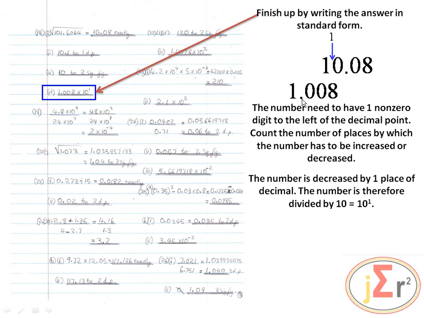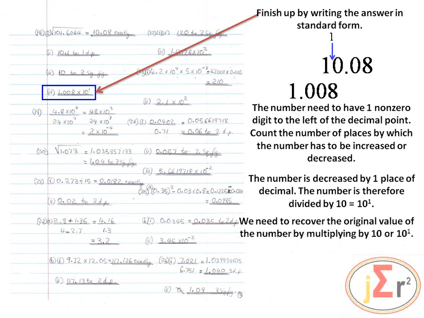Surely we have only one non-zero digit to the left of this decimal point. Also, 1 point something is smaller than 10 point something. Therefore, we are sure that we reduced by 1 place of decimal in getting here. Therefore, we need to recover lost ground by multiplying by 10 to the power of 1.